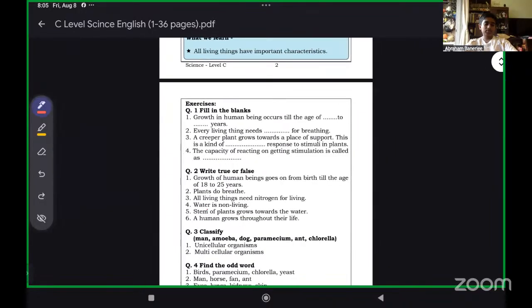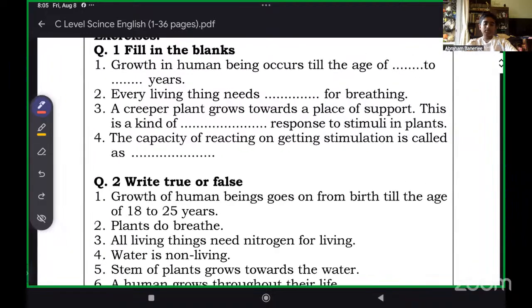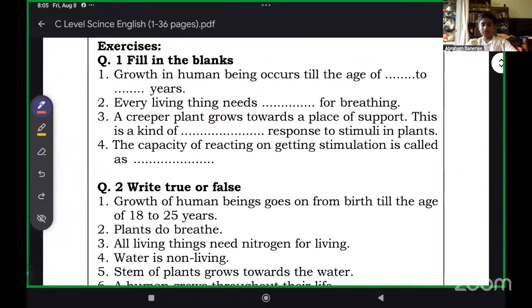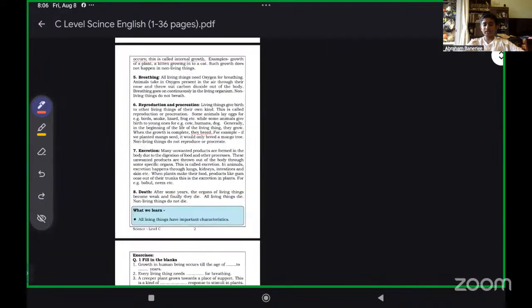Ma'am, in our book, when we were studying, they never gave the first point, cellular structure: living things are made up of cells. These cells are very small. They have not said that in the first point about the characteristics, right, ma'am?